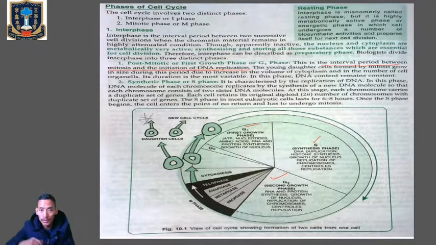So here the daughter cells which are produced during mitosis will grow in size, due to the increase in the volume of cytoplasm and the number of cell organelles. So during this G1 phase, the cell will grow in size by increasing the volume of the cytoplasm and the number of cellular organelles.